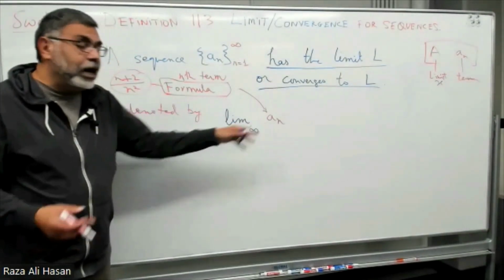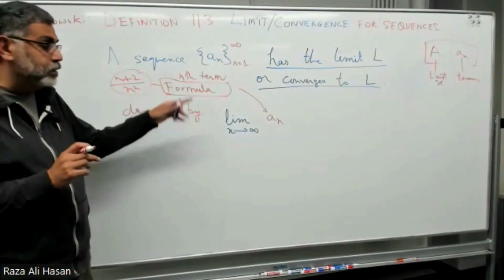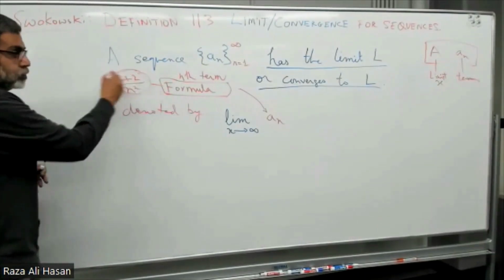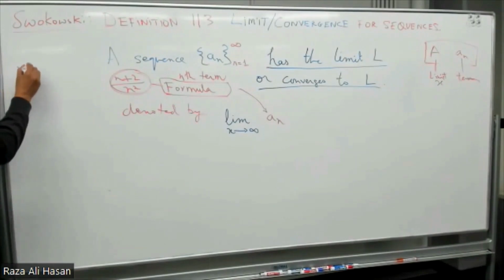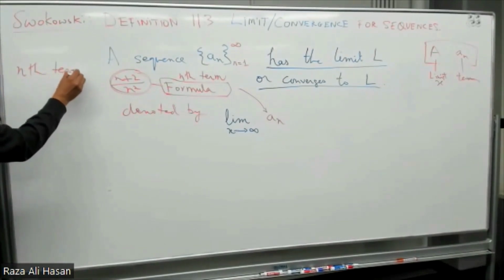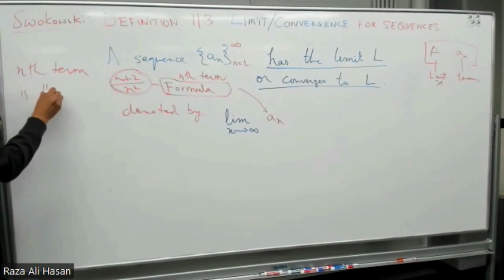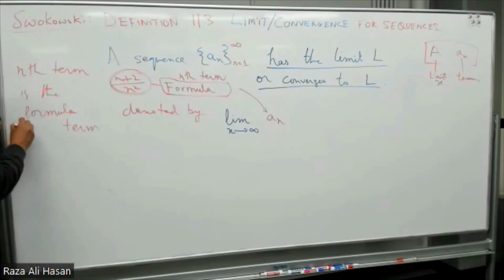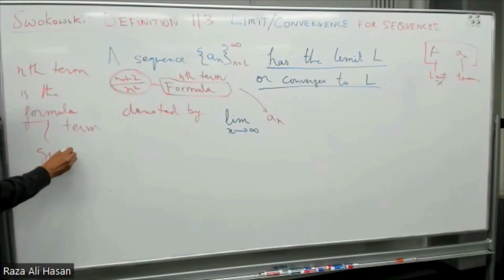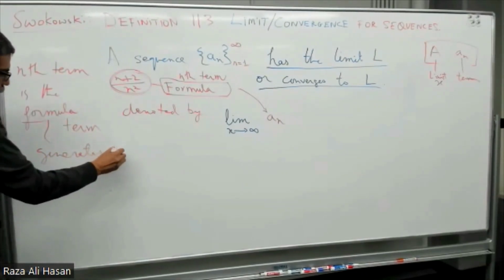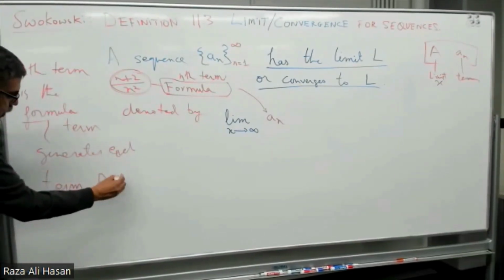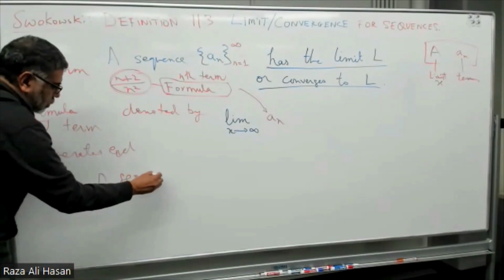So this AN represents the nth term, and the nth term is the formula term, the formula that generates each term of the sequence.